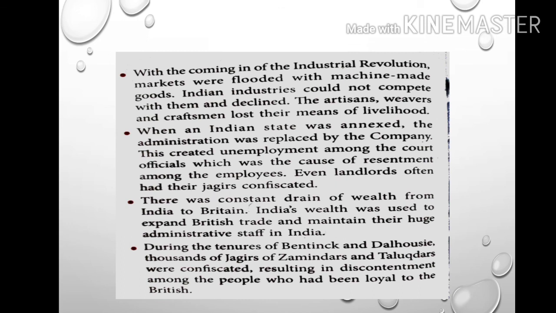With the coming of the Industrial Revolution, markets were flooded with machine made goods. Indian industries could not compete with them and declined. The artisans, weavers, and craftsmen lost their means of livelihood. This is the same time when there was the industrial revolution in England.